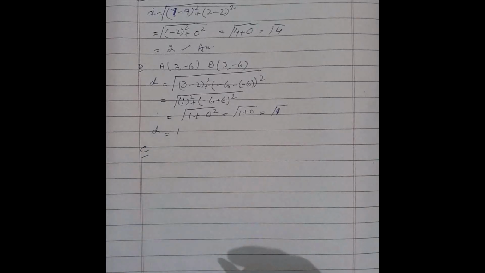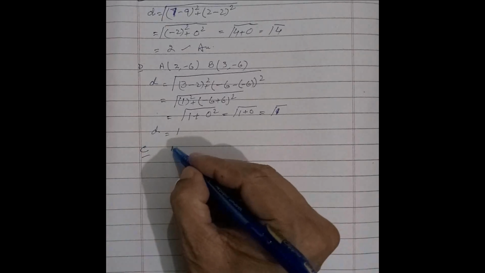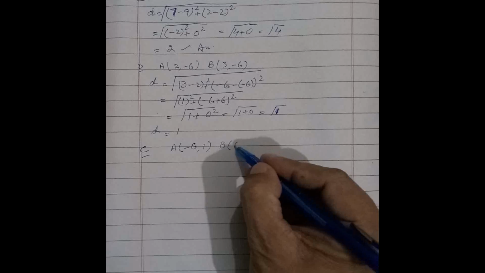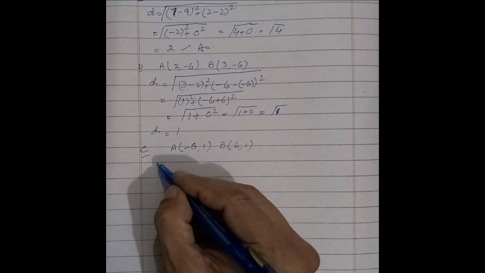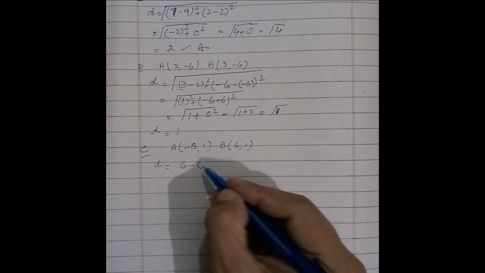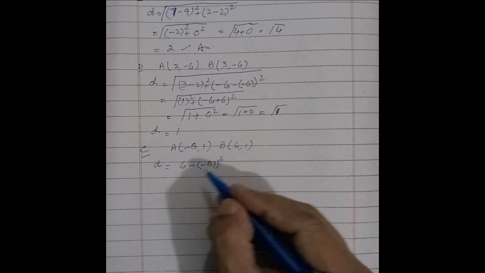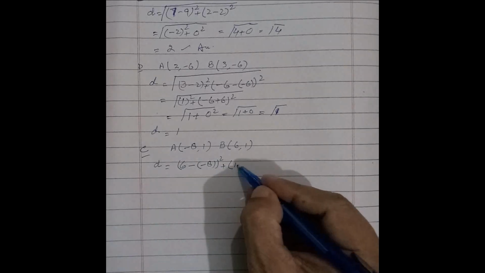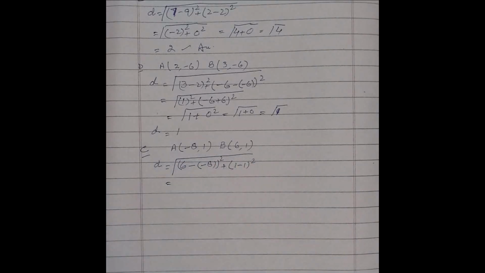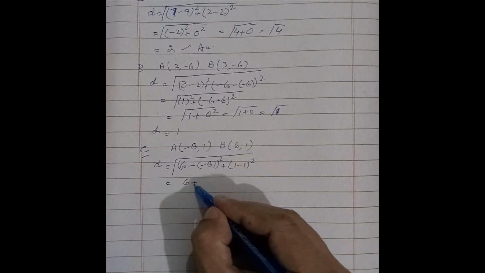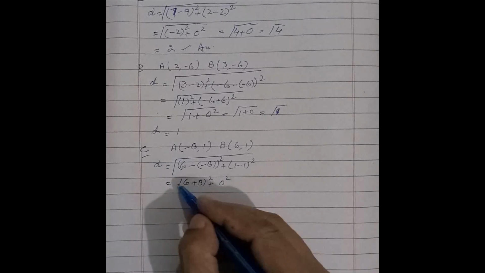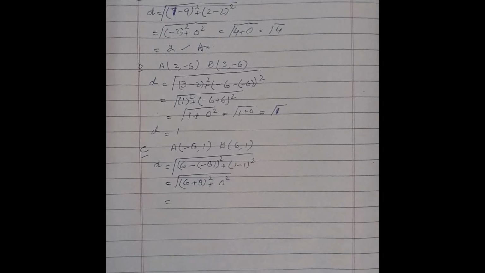Next, part C, whose coordinates are A (-8, 1) and B (6, 1). So we find the distance between A and B using x2 minus x1. So 6 minus (-8) whole square plus 1 minus 1 whole square, square root. And now we simplify these values. We get 6 plus 8 whole square plus 1 minus 1 is equal to 0 whole square, square root.